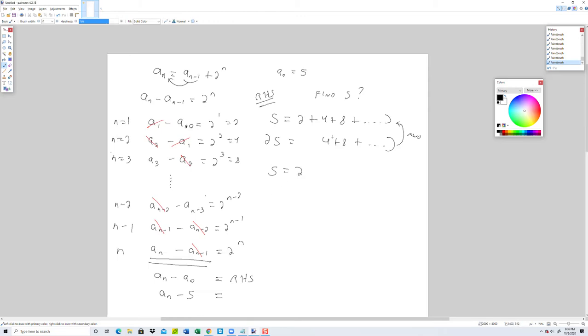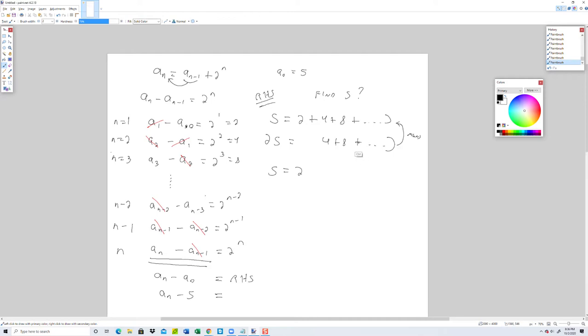And so, right-hand side, I decided I wanted to find S. This would be equal to 2. Now, wait a minute. Let me think about that. Okay, now I think I got that a little bit off.